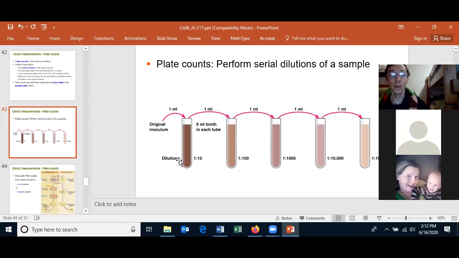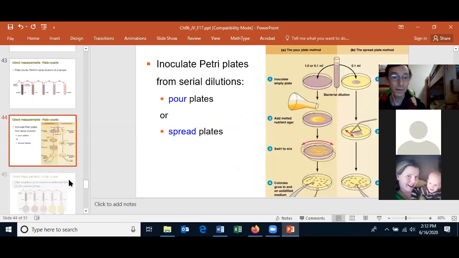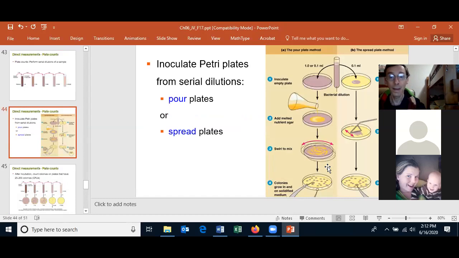You take 1 mil now from each of these, possibly also from the original inoculum if you don't think there's too many cells in it, plate it onto a petri dish, and I'm only going to talk about plating 1 mil onto the plate. You could plate 1/10 of a mil onto the plate and then spread it out.